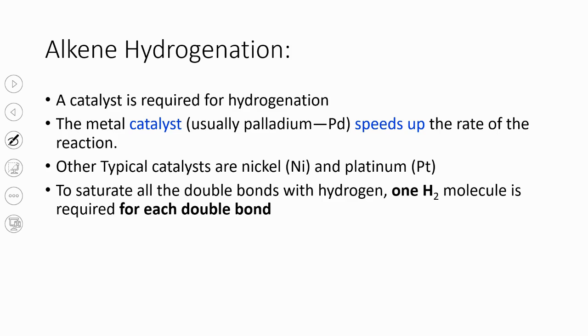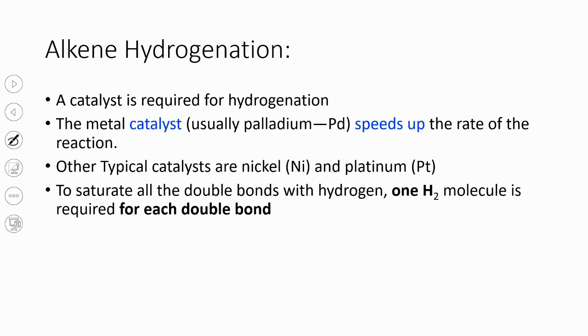You could also see a nickel catalyst or a platinum catalyst. These metals are really good at helping the hydrogen break its bond, and then those hydrogen atoms can add to your double bond. A key that's going to be important for your ALEKS topics is that for every double bond, you need one hydrogen molecule.